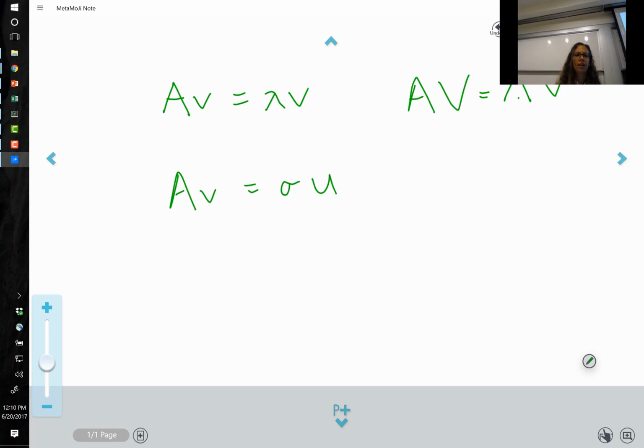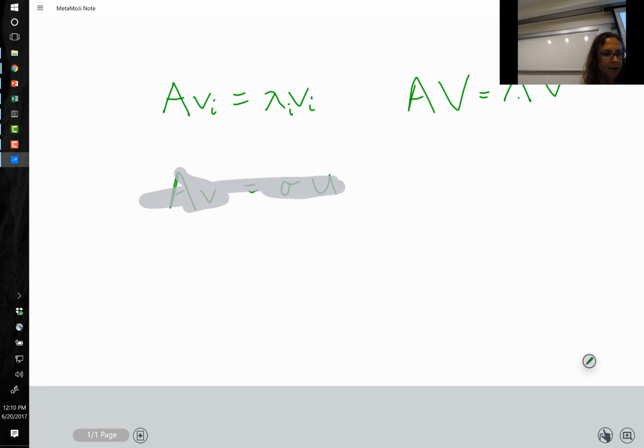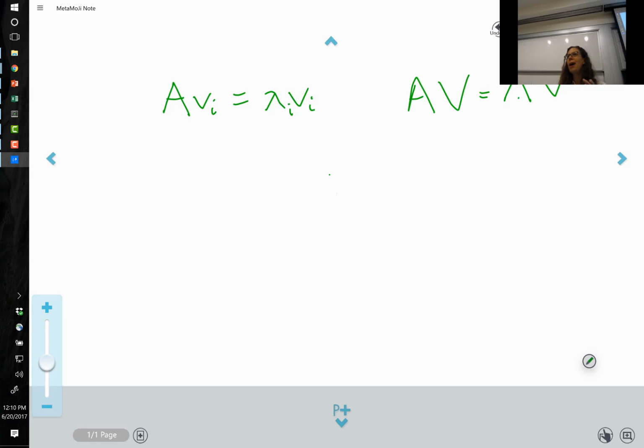Questions about getting between these? Often these would have a subscript, so if I say these are all sub i, then we're putting those together. Let me write it out.